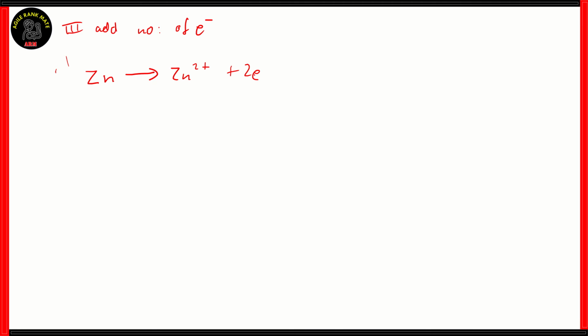So we add 2 electrons on the right-hand side. Now, the next equation will have NO3 minus plus 10H plus on the left-hand side, and that gives us NH4 plus 3H2O on the right-hand side.